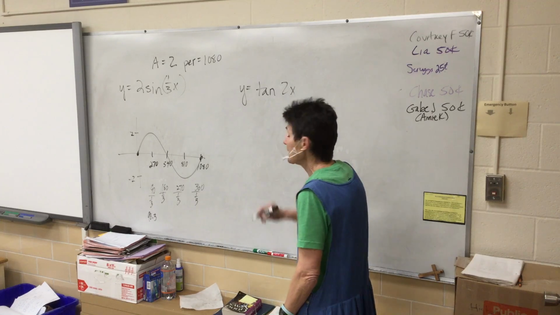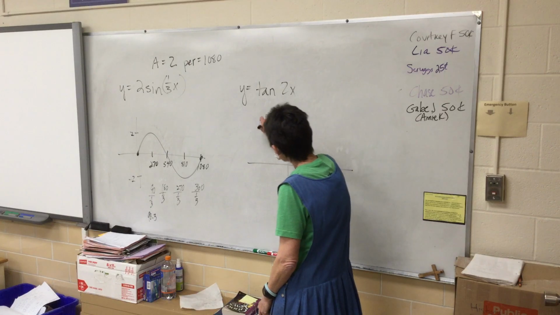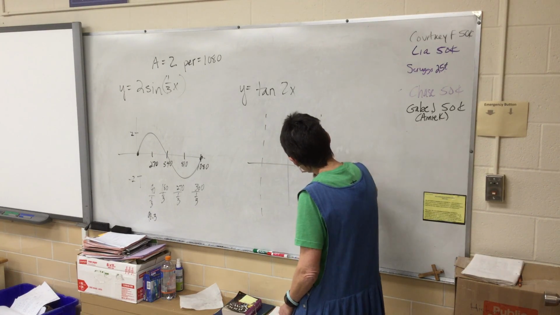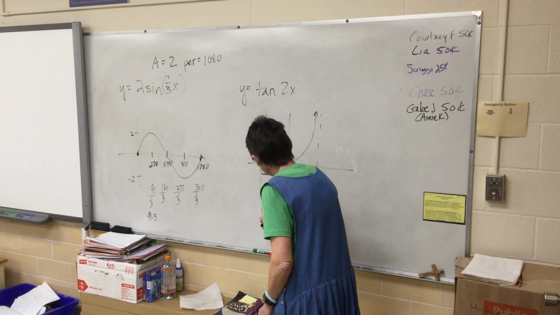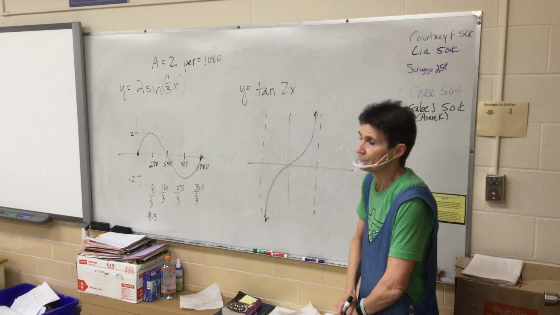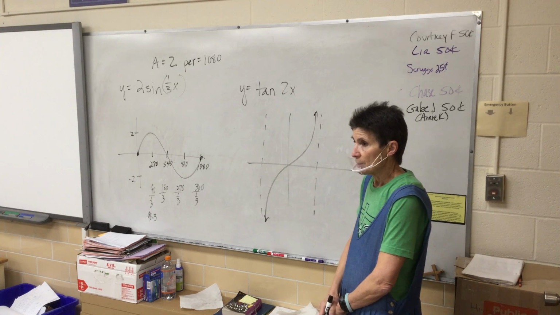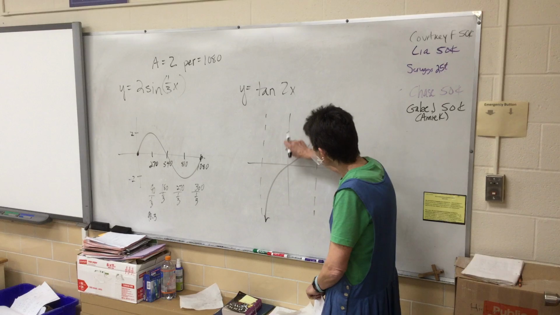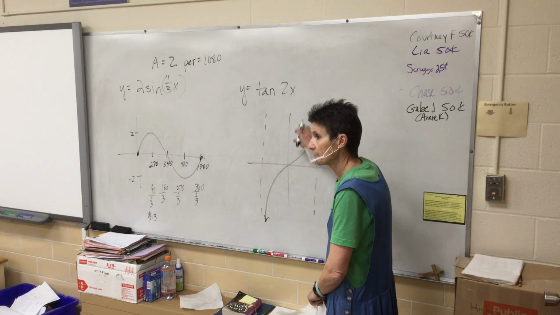Okay, now tangent. Tangent's a different shape. Tangent has an asymptote and an asymptote and a squiggly line through the origin. That's your tangent. Now, notice there aren't any labels on this vertical axis, right?